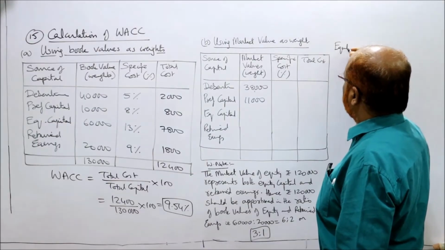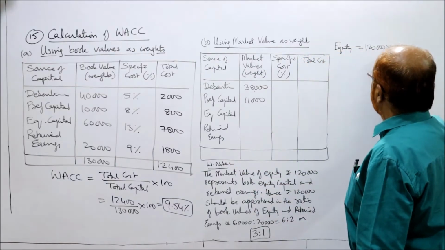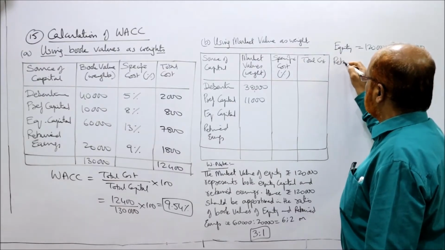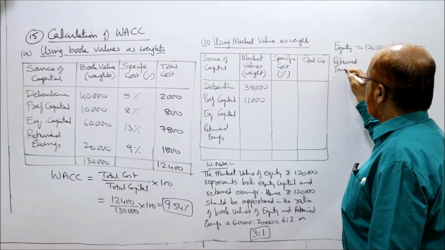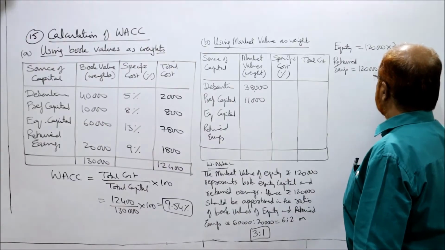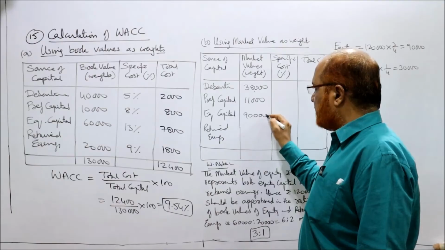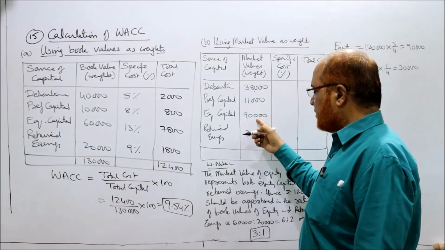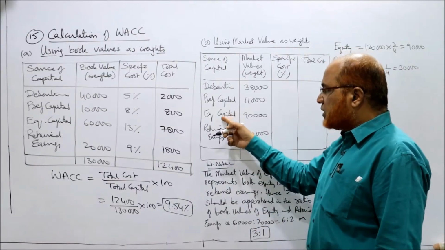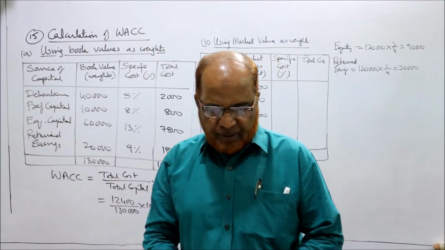Equity is equal to 1,20,000 into 3 by 4, 90,000. Similarly, retained earnings 1,20,000 into 1 by 4, 30,000. So instead of taking 1,20,000 here, now I am taking 90,000 and 30,000. If you add up both, you'll get 1,20,000. So it is better to apportion that 1,20,000 in the ratio of book values of equity and retained earnings.